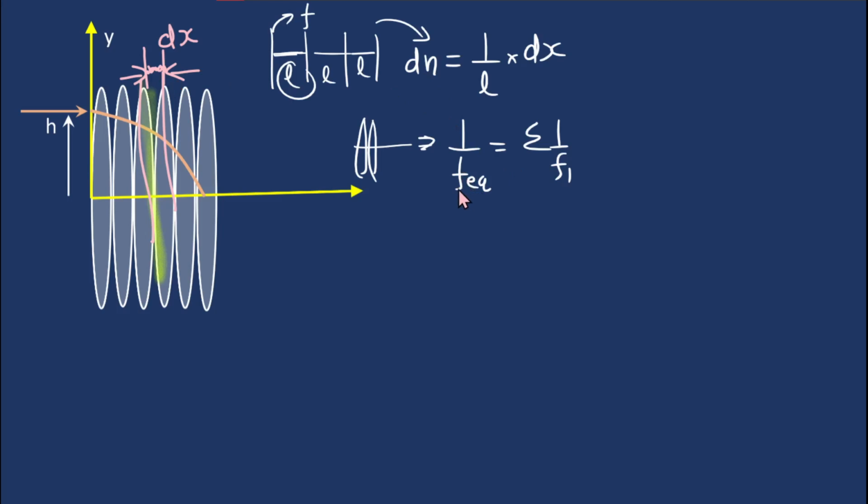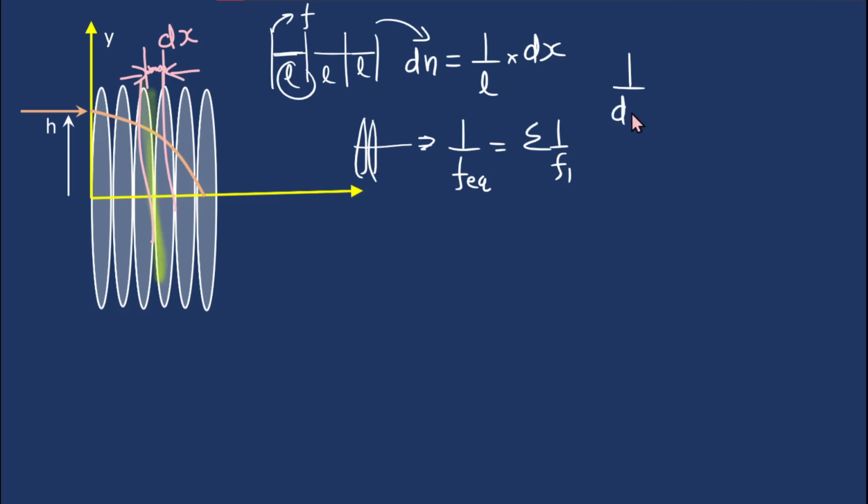Since the focal length is also going to be very small, within that dx length, let's call the equivalent focal length only f equivalent, right?